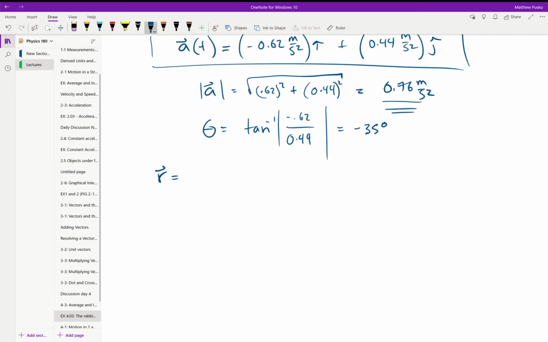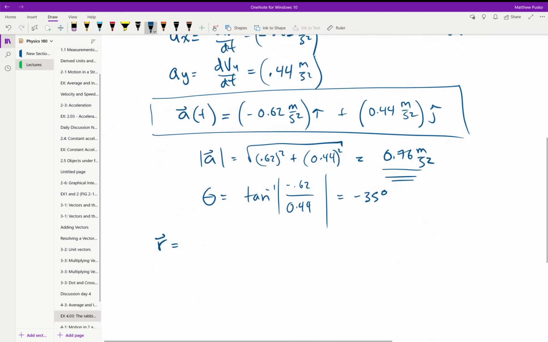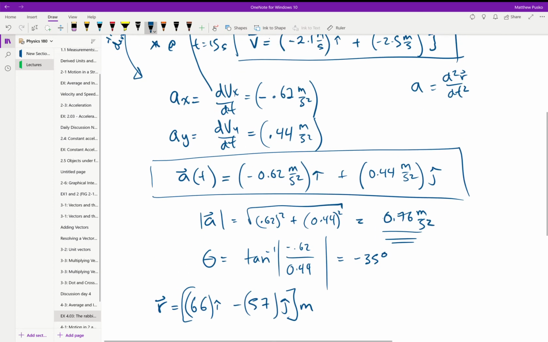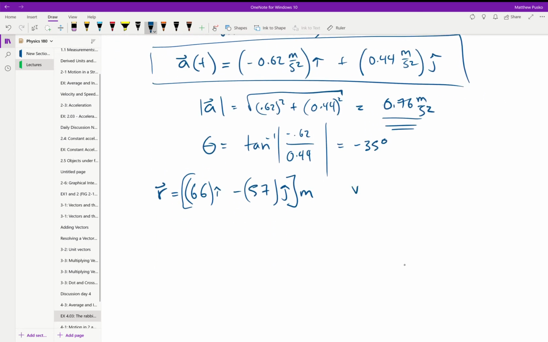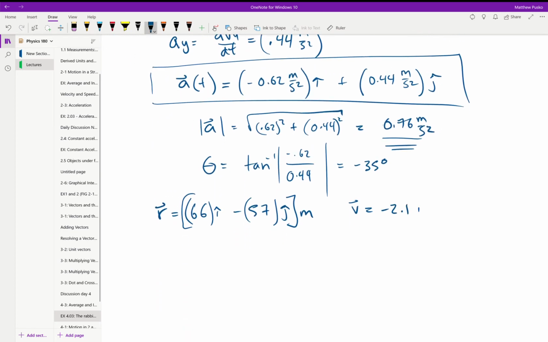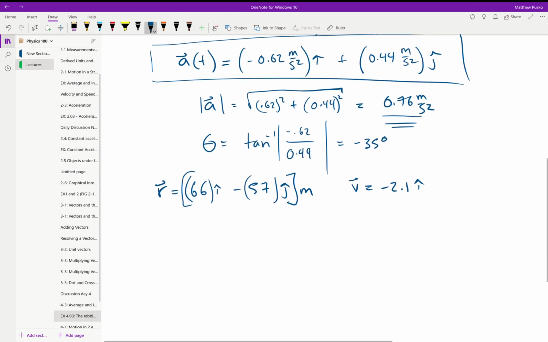The position is at, oh man, see I'm bad at memorization, 66, negative 57. And that's in the i direction, this is in the j direction, and this is all in meters. Alright, so let's go ahead and graph that. And let me write down the velocity actually. The velocity at 15, save some space, is a minus 2.1 in the i direction and a minus 2.5.